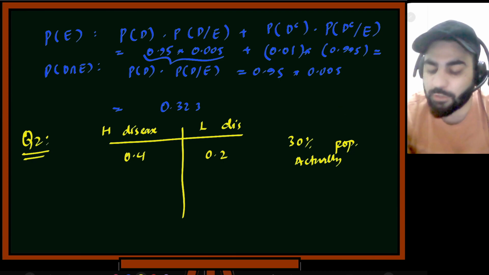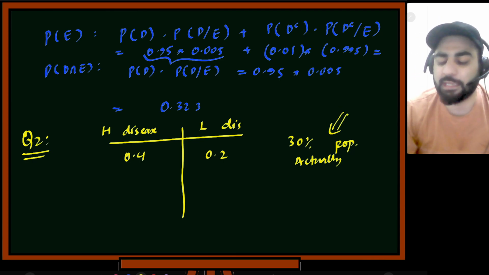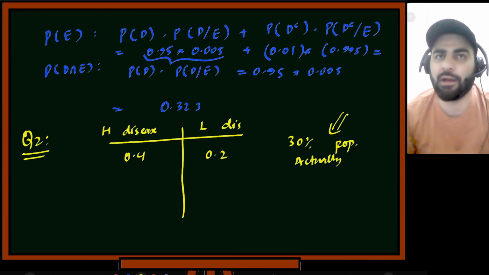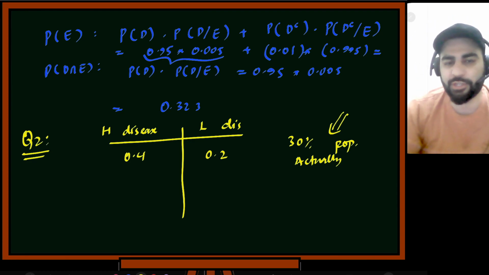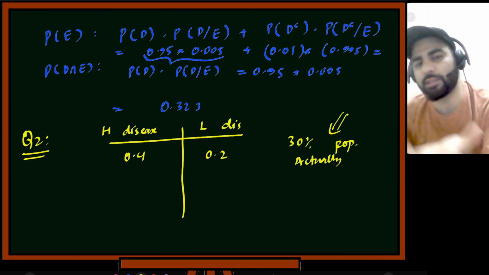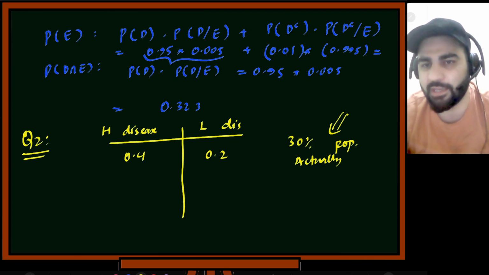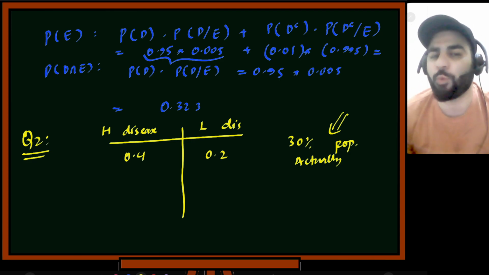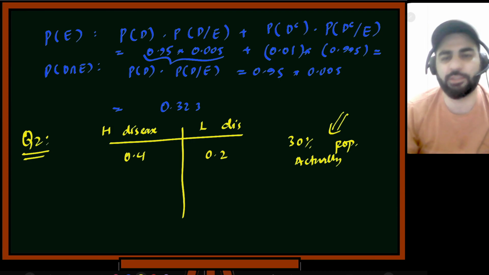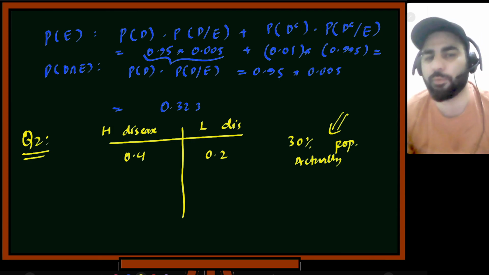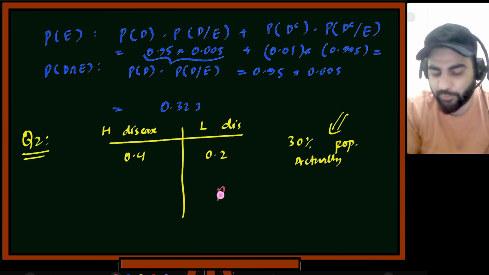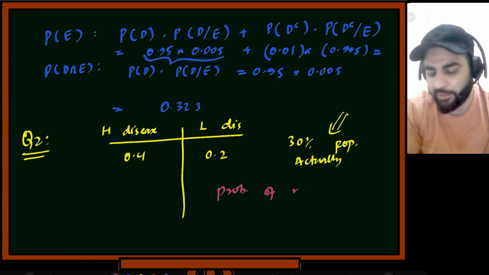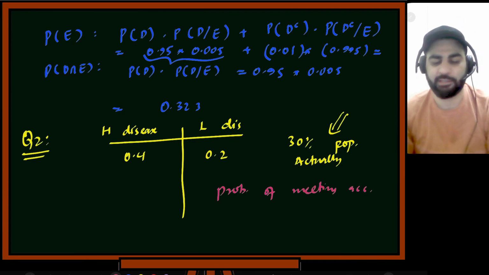And the company also has a prior belief that 30% of the population meets with an accident or has a disease within the fixed 1 year period. So if a person purchases my policy, what is the probability that the new policy holder will have an accident within 1 year of purchasing it? The question is the probability of meeting an accident given that he purchased the policy.